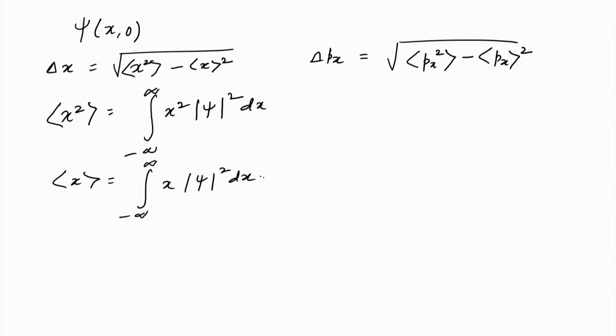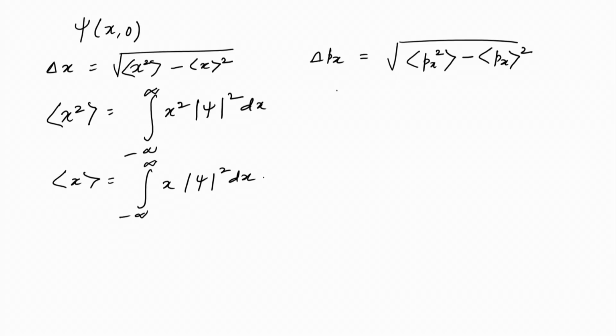Now, if psi has a form which is symmetric about 0, then of course this term will be equal to 0. Similarly, p x square can be written as follows. The p x operator is equal to minus i h cross del del x. This is a representation of the momentum operator in position space.